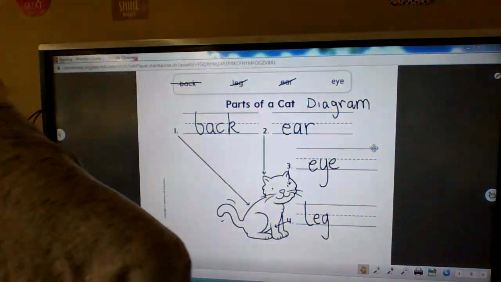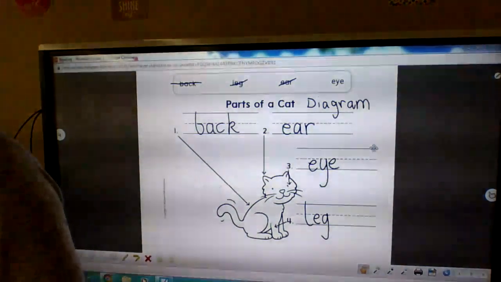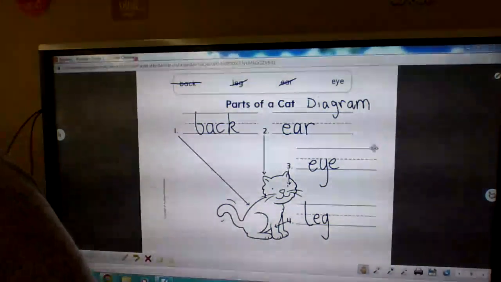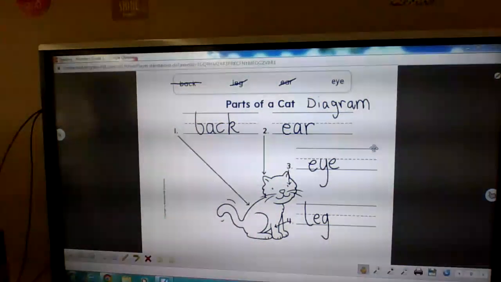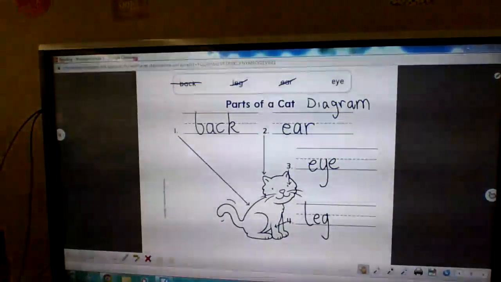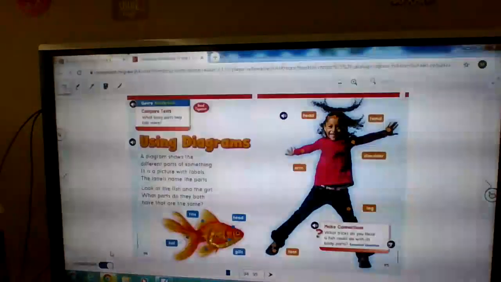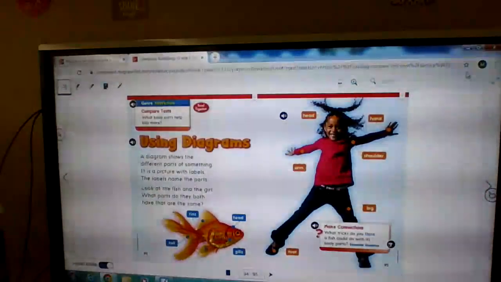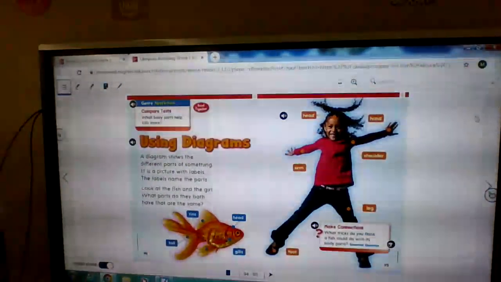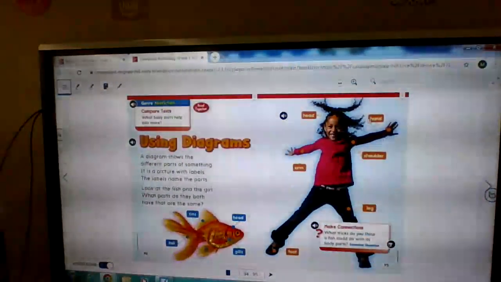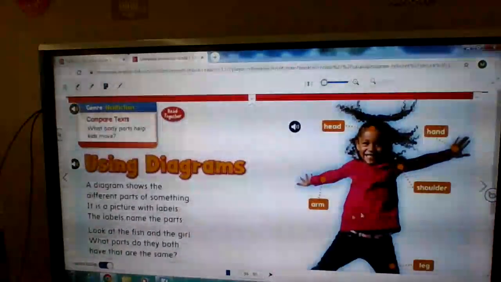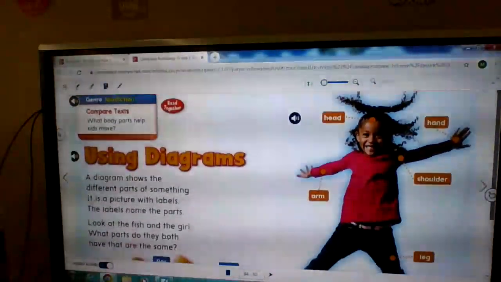Okay? All right. Now we're going to do the reading anthology, page 94. So you need your reading book, page 94. And it's going to look like this.